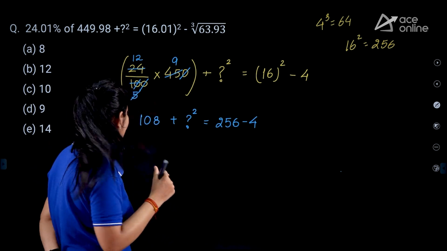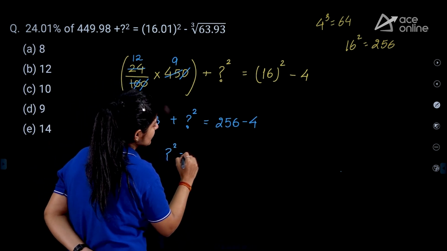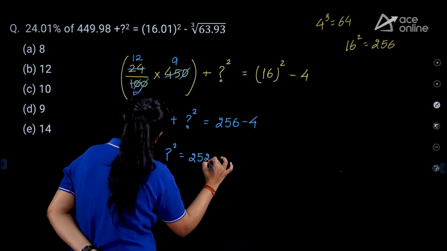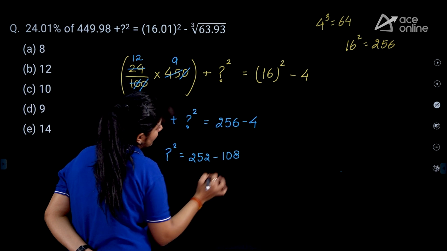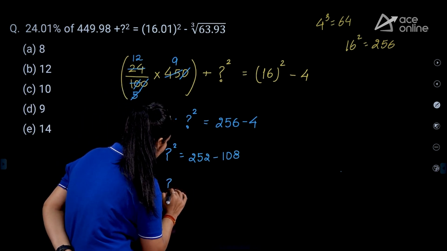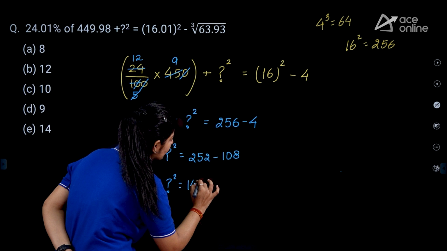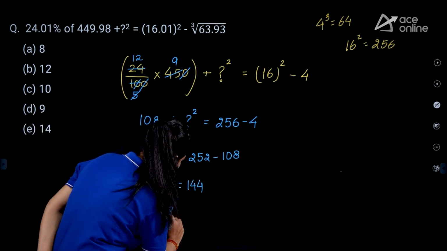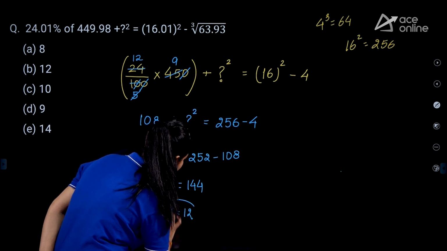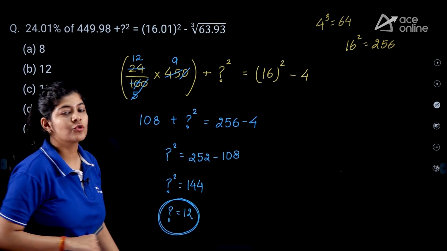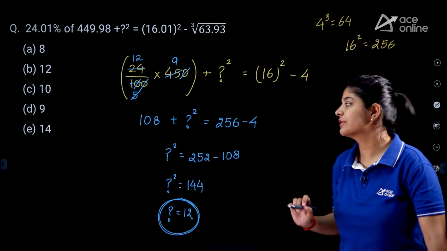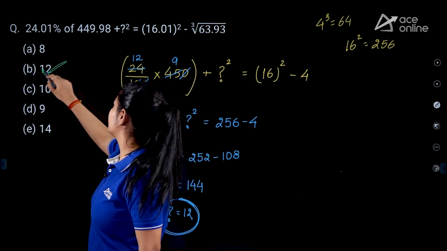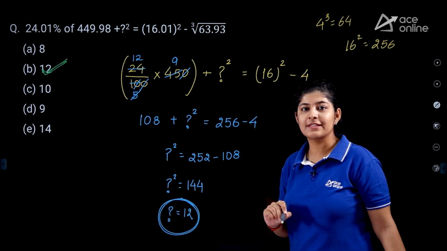Now the question mark square is equal to 252 minus 108. So what we are getting? The question mark square is equal to 144, and this is the square of 12. So the value of question mark that we are getting is equal to 12. That means option number B is the correct one.